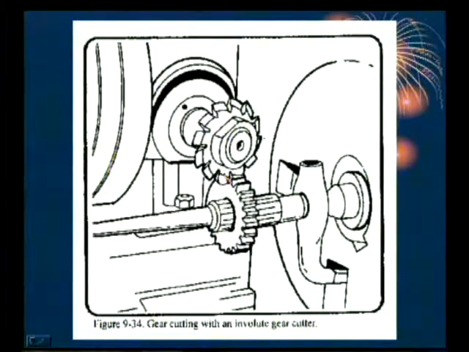Each time one tooth is produced, the dividing head rotates and another tooth is produced. Like that, the entire periphery of this blank is provided with gear teeth.